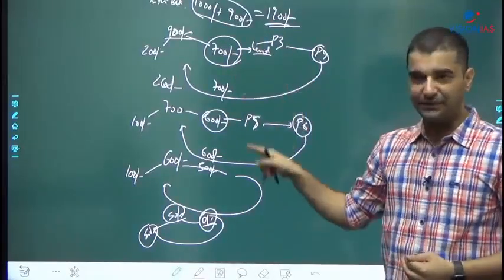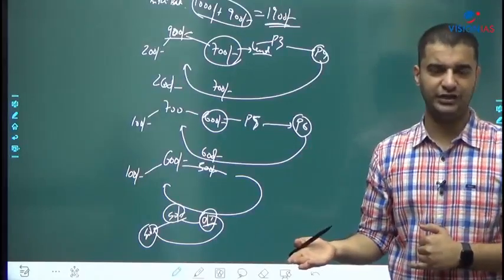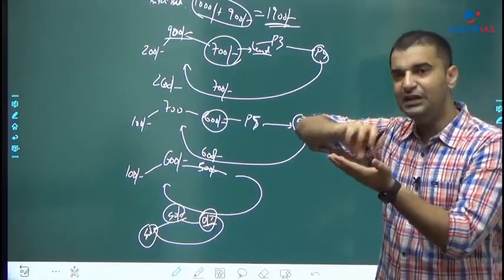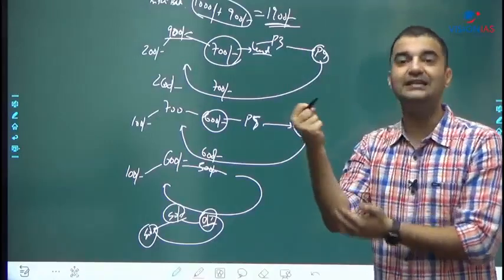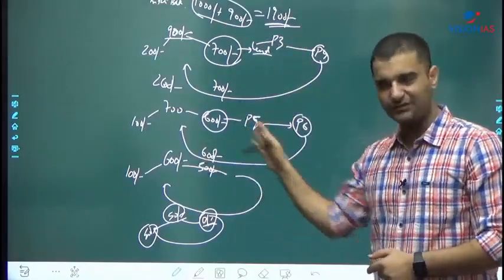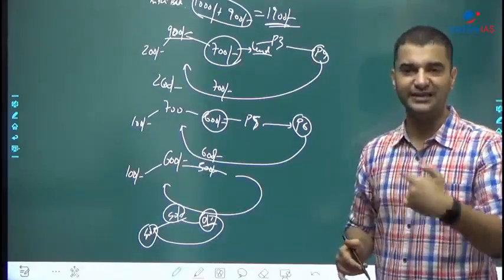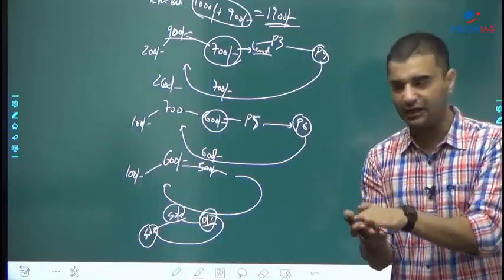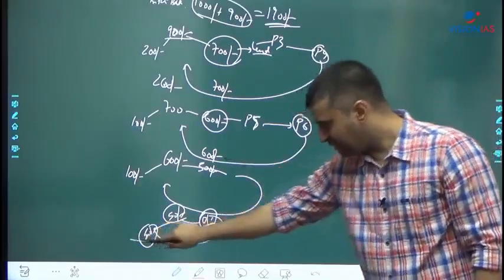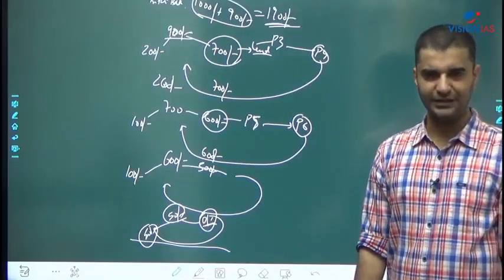Banks are creating money, but they cannot create an infinite amount of money from the money which they originally have. This ability to create new money is limited. In every cycle the bank is receiving back money, and because of that more money is being created. But in every cycle the amount of money that it receives back is shrinking, and therefore eventually this process will come to a halt. I hope this is clear.